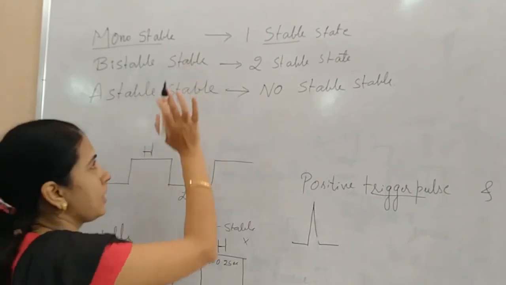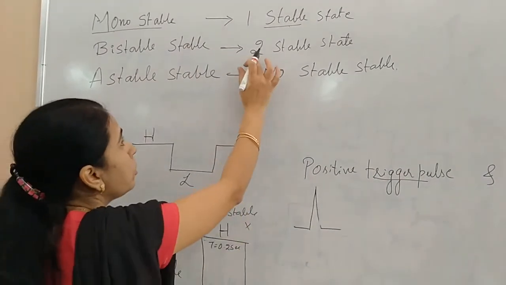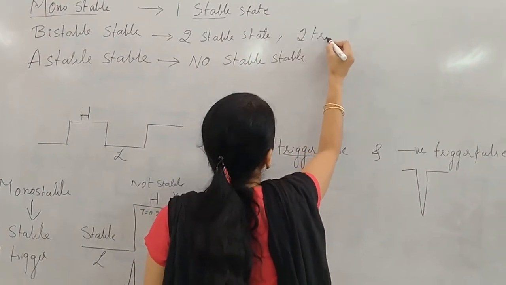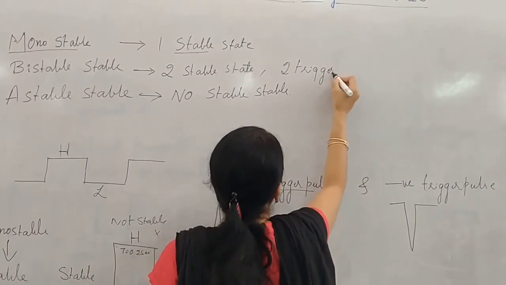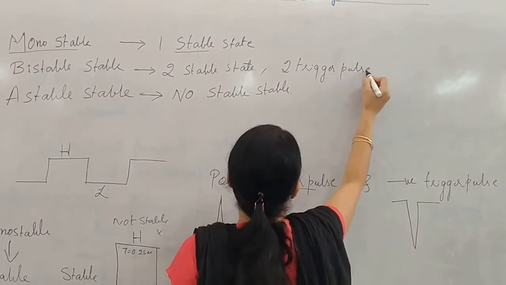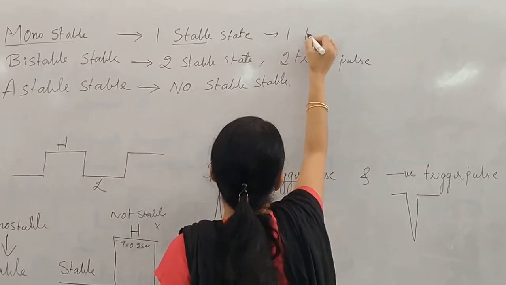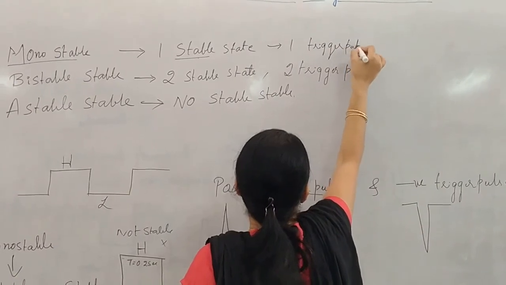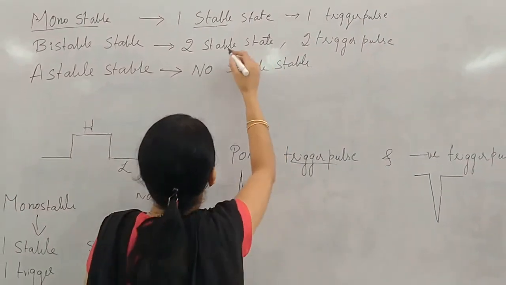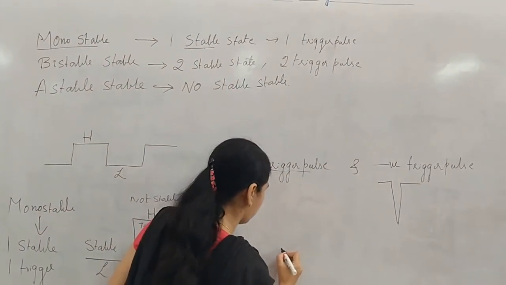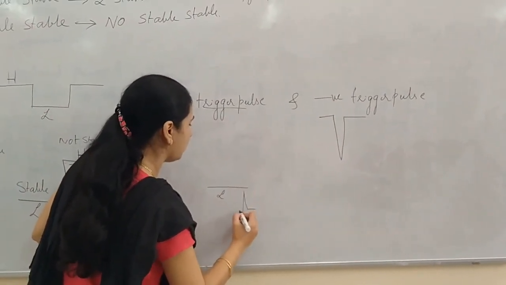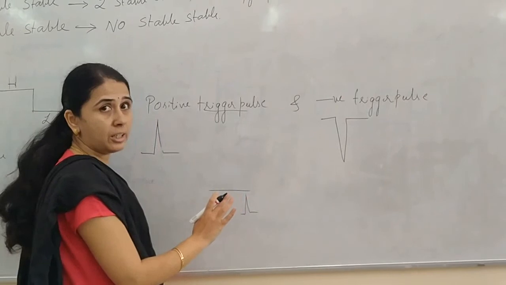Coming to the bistable multivibrator, it indicates two stable states, meaning it requires two trigger pulses. Monostable requires one trigger pulse. Bistable requires two trigger pulses. Meaning, if it is in the low state, until and unless we give a triggering pulse, it will never make a transition to high.